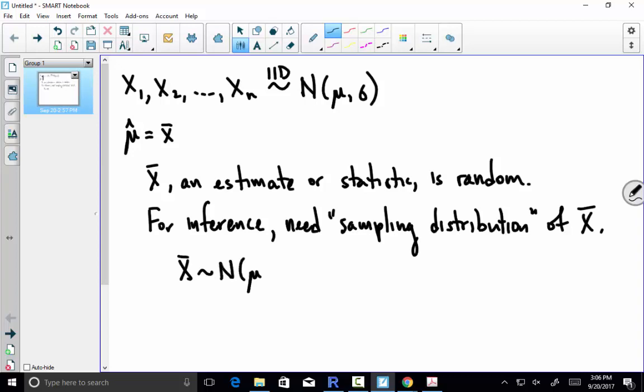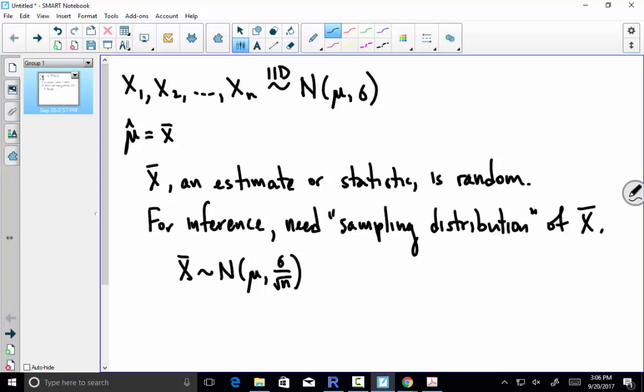It has a mean mu, and it has a standard deviation equal to sigma over the square root of n. So Stat 101 stuff, whenever you have normally distributed data, inference follows easily because we know what the sampling distribution of x bar is.